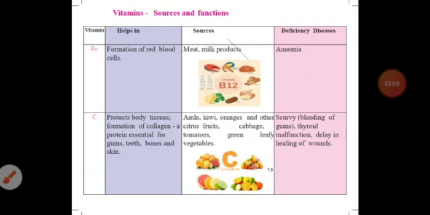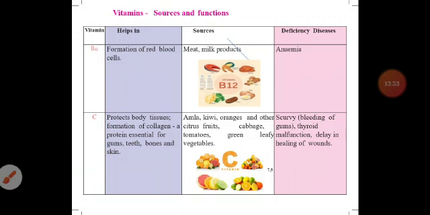Next vitamin is vitamin C. It protects body tissue through formation of collagen. It means a protein essential for gums, teeth, bones and skin. We get vitamin C from amla, kiwi, oranges and other citrus fruits, cabbage, tomatoes, green leafy vegetables.